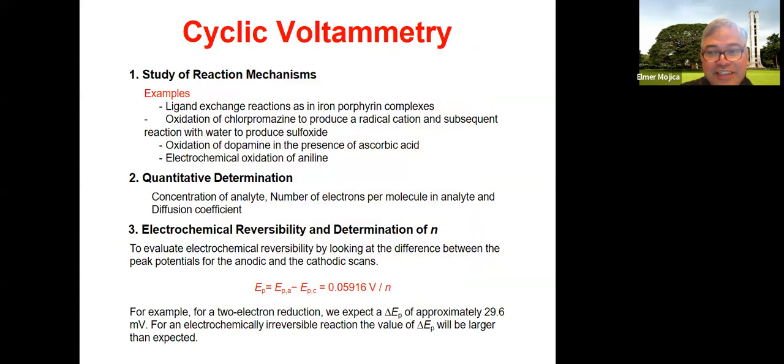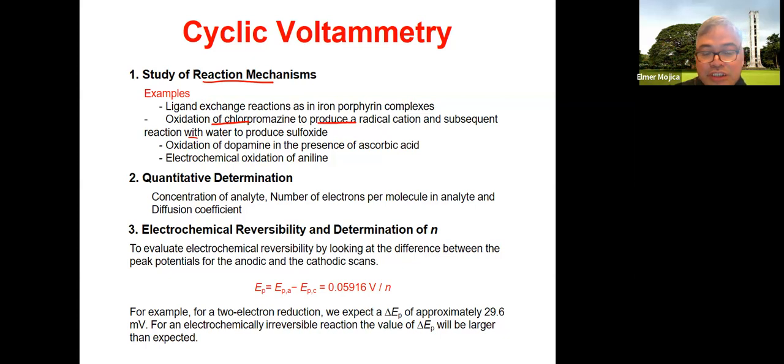Okay, so in addition to other applications that we have, as I have told you, it can study the reaction mechanism. So the ligand exchange reaction as in iron porphyrin complexes can be utilized here. And the example that I gave, maybe your metal there can act as a ligand. And then there's the oxidation of chlorpromazine to produce a radical cation and subsequent reaction with water to produce sulfoxide.